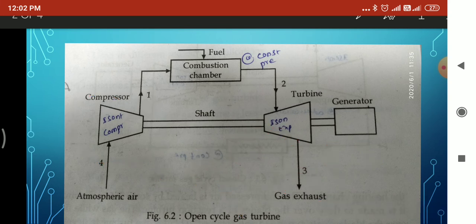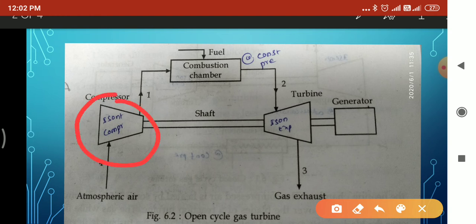After compressing the gas in this compressor, the gas is sent into this combustion chamber where the compressed air is heated by combustion of fuels and the combustion products get mixed into the compressed air, so the mass of air will be increased.